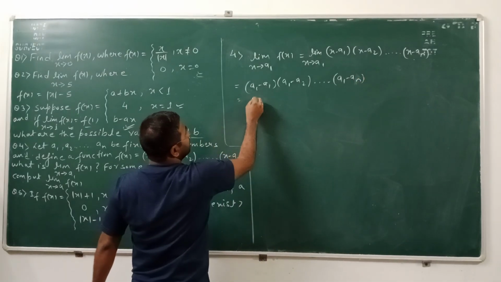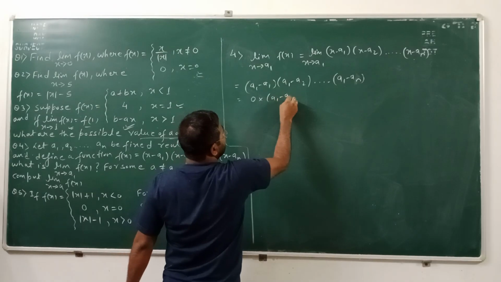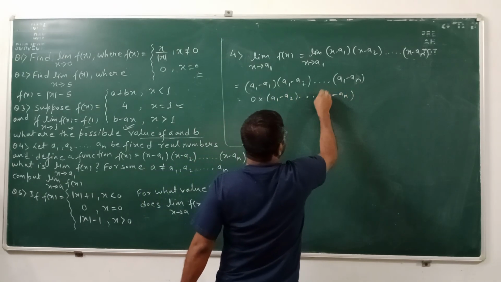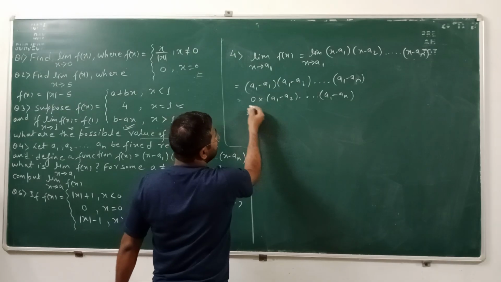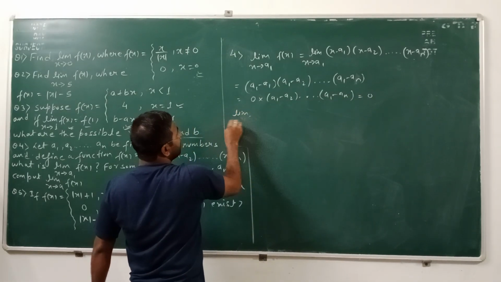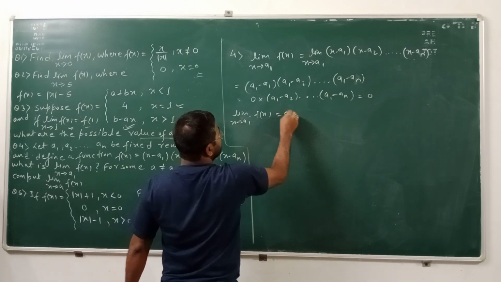Then a1 minus a1 will be 0, into (a1 minus a2) dash (a1 minus an). Then the value will be 0. So the limit as x tends to a1 of f(x) will be 0.